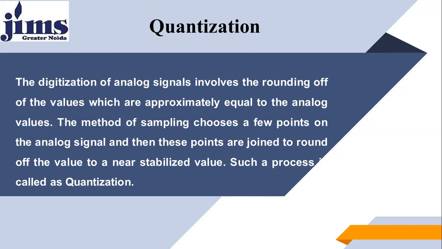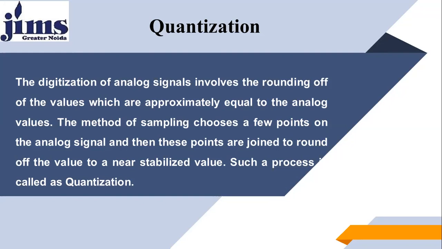if you do a quantization process and if you take the step voltage as 1 volt, so 1 volt means the middle point is 0.5 volt, right? So something above 0.5 comes in the category of 1 volt, and something below 0.5 comes in the category of 0 volt, right?